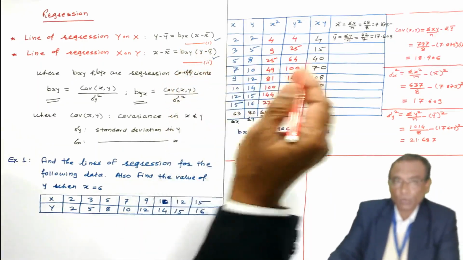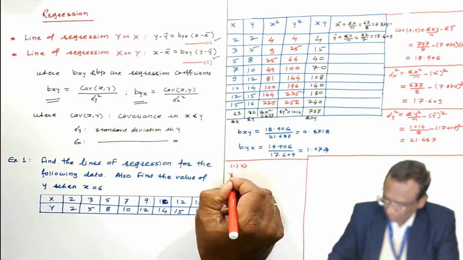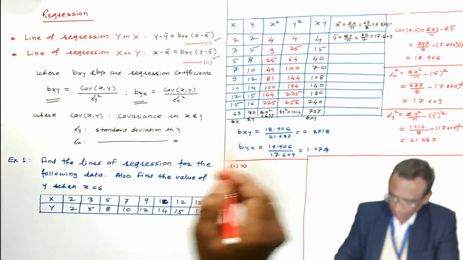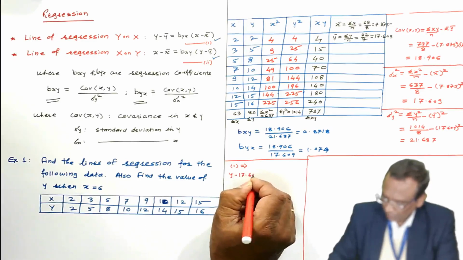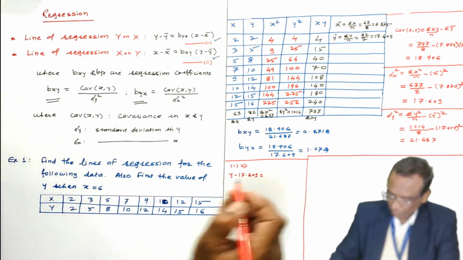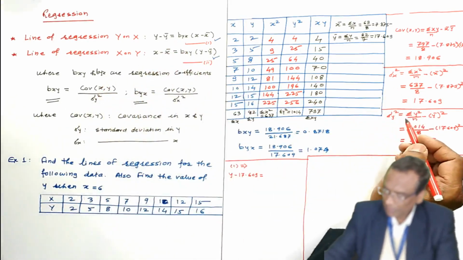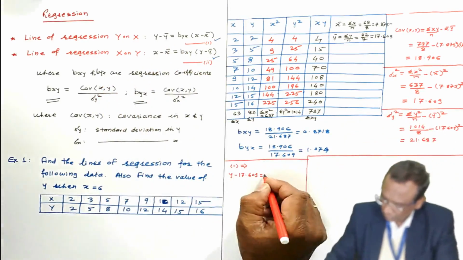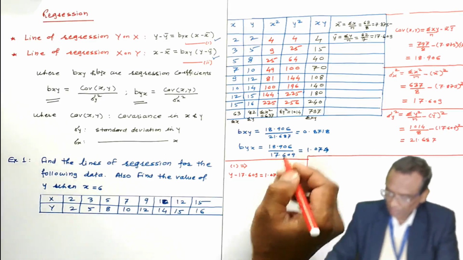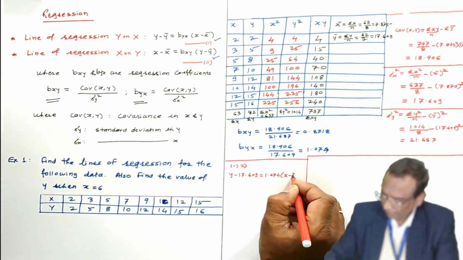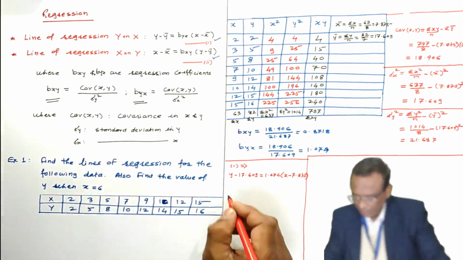Now putting all values in 1, it implies y minus y bar, where y bar is 17.609, is equal to byx, which is 1.074, times x minus x bar, where x bar is 7.875. So this is the line of regression.